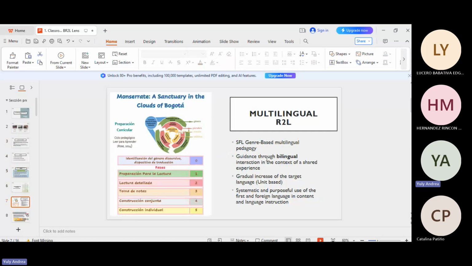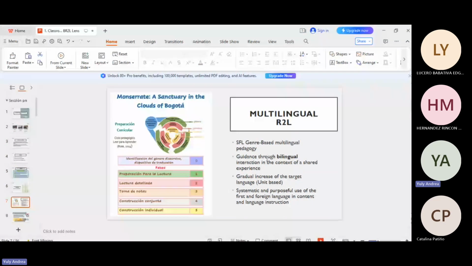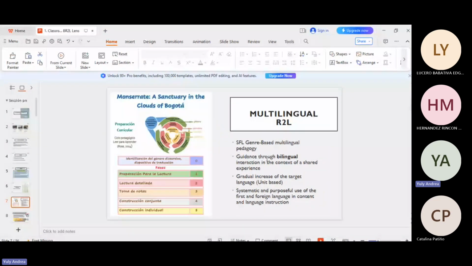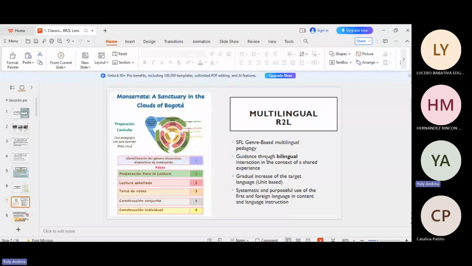The other principle is the gradual increase of the target language. Something that I have critiqued in my own teaching practice is that we end up doing a lot of different activities, but at the end, some of them don't have any objective.